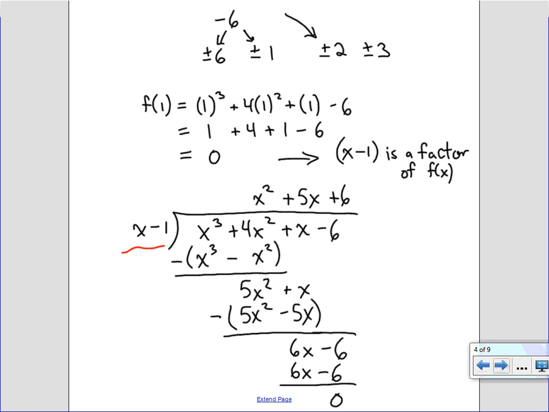So my factor of x minus 1 into my original polynomial function gave me a remaining factor of x squared plus 5x plus 6. The way I write that was a little bit interesting. I want us to get in the habit of writing this properly.